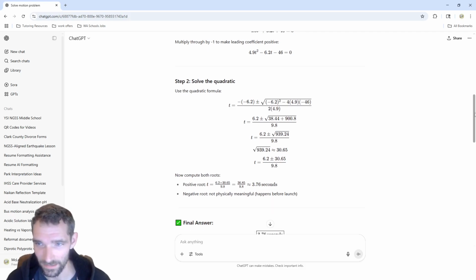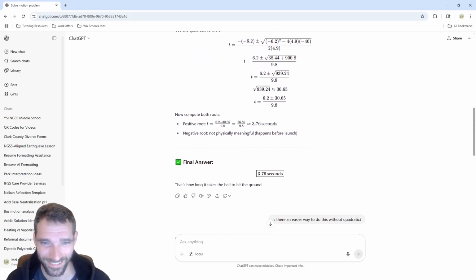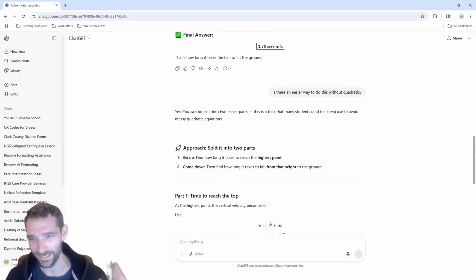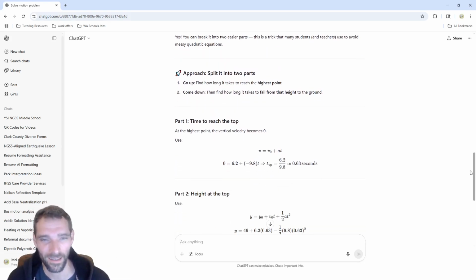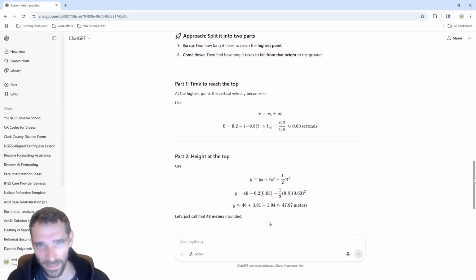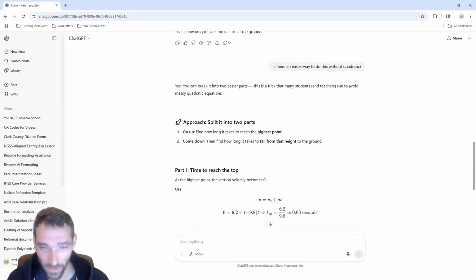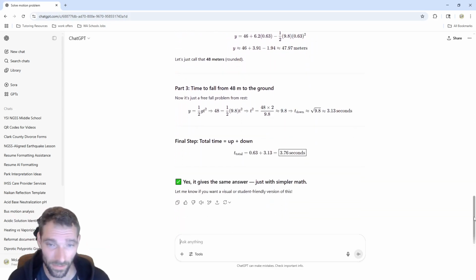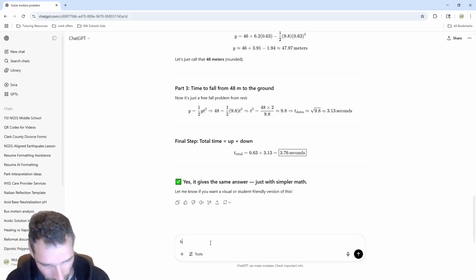It's tricky for people to do that reliably. Also, the quadratic formula, people try and memorize and they get it incorrect. Then if you asked it to break it down without the quadratic, it actually solved it in the way that I had previously thought of on my own, but it is not giving this to the correct number of sig figs.